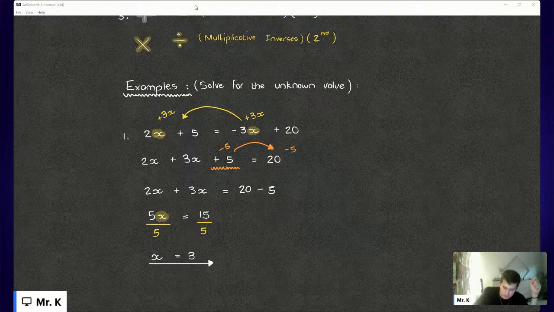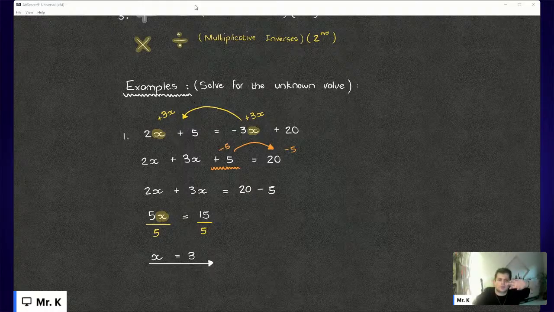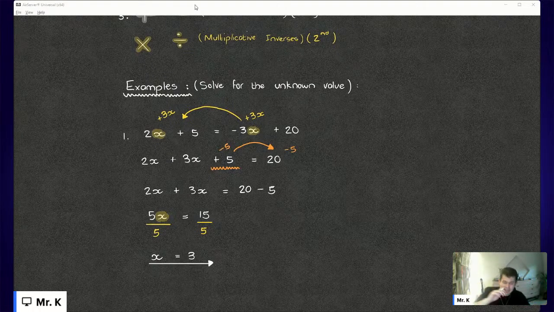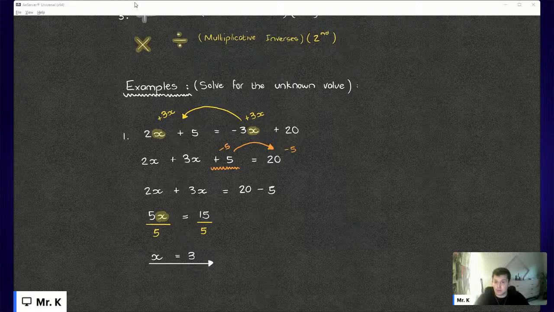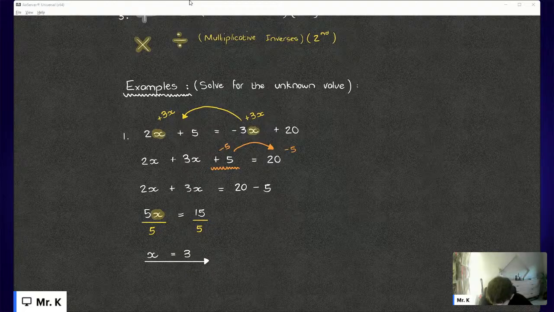We haven't changed the question at all, but we are collecting things and changing the way they look and reversing things on one side, but accounting for it on the other side. And so, after using a few different manipulation techniques, we're able to find our answer. And this is how we go about solving for the answer to a variable.